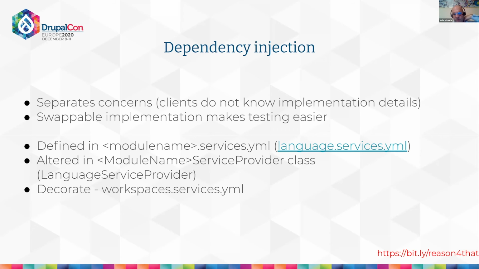For examples of implementation of dependency injection, I personally recommend the language module because it's quite a small one and it has an observable list of services in language.services.yaml.